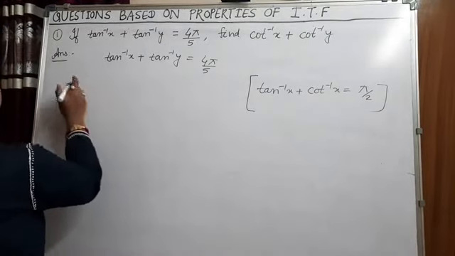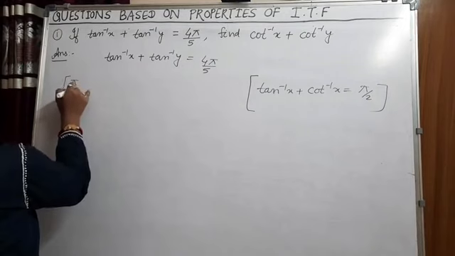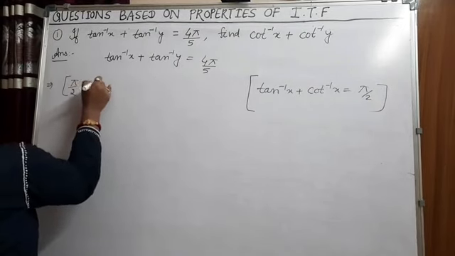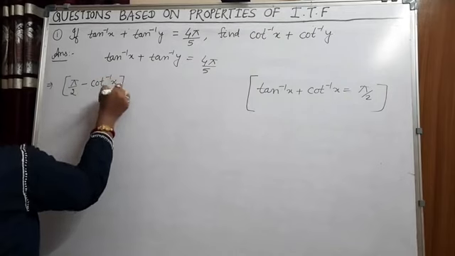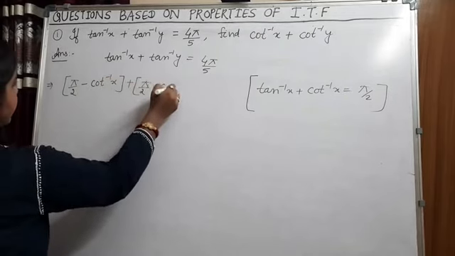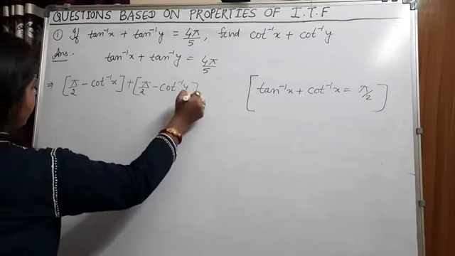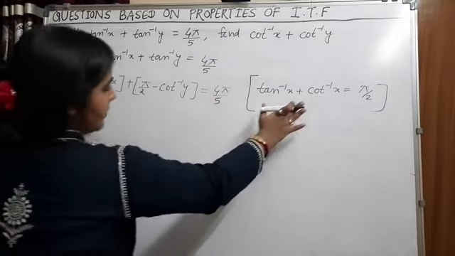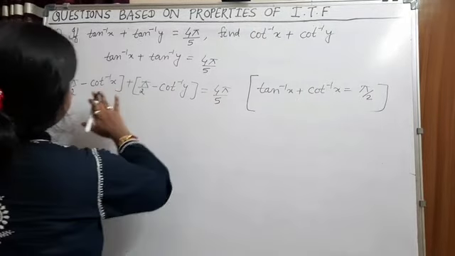We'll write it as pi by 2 minus cot inverse x, and here we will write pi by 2 minus cot inverse y is equal to 4 pi by 5. This value is given.